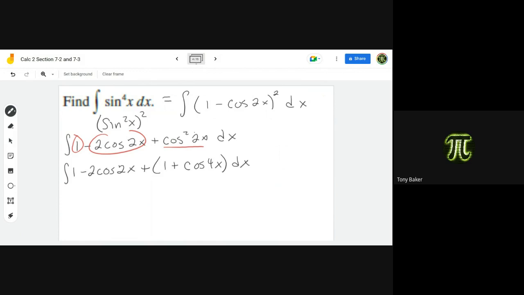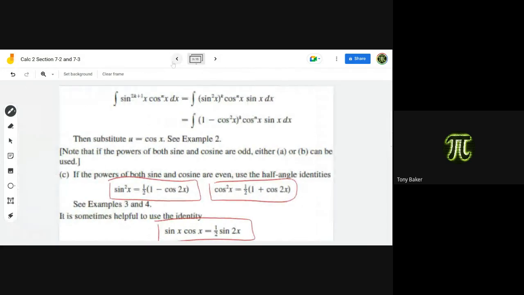So cosine squared 2x becomes 1 plus cosine 4x. Is that an identity? It is. So this rule right here, this letter can be anything.